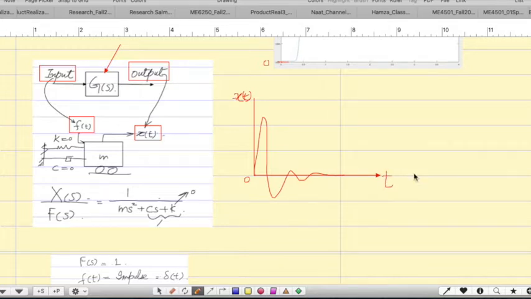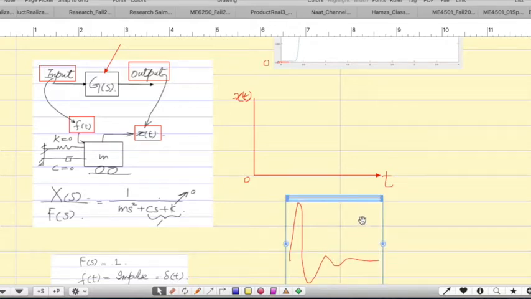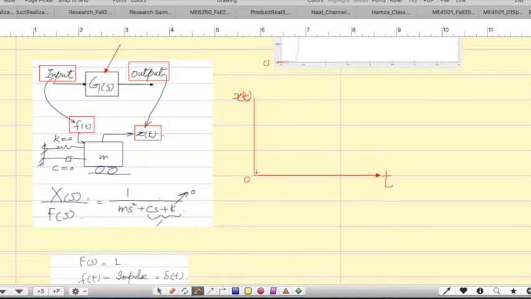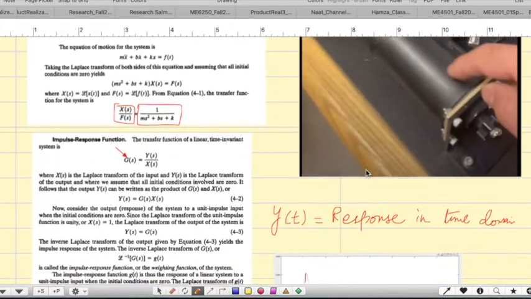This is our time. Actually, the impulse is so fast that there is no lag. So I should redraw it such that it is very parallel to the y-axis, and then this is nicely drawn. This is our time response of this mass spring damper system.